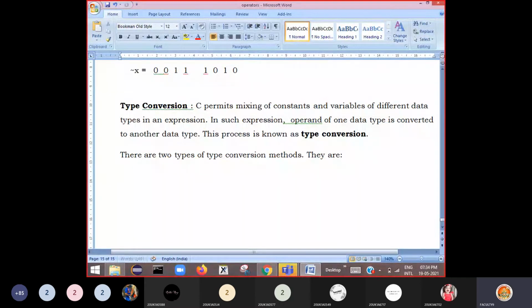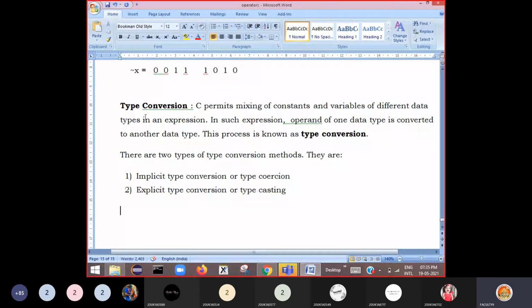The first one is called implicit type conversion, or you can also call it type coercion. Please remember this word. The second one is explicit type conversion, or you can also call it type casting.